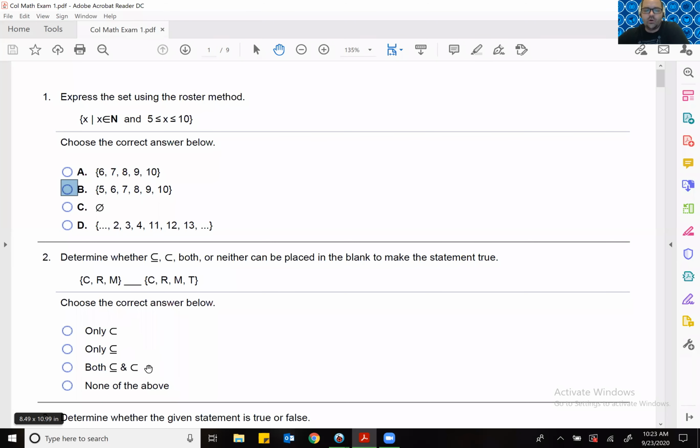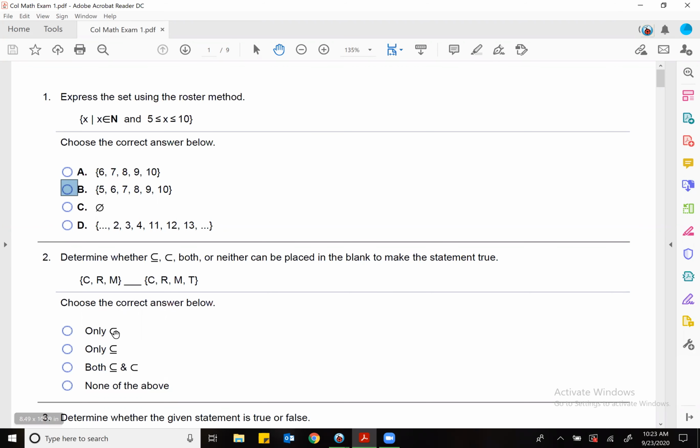Okay? So when you do this question, you only have three options. Only a subset, both, or none. You cannot be proper by itself. It's impossible. Because in order to be proper, you have to be a subset to begin with. Does that make sense?